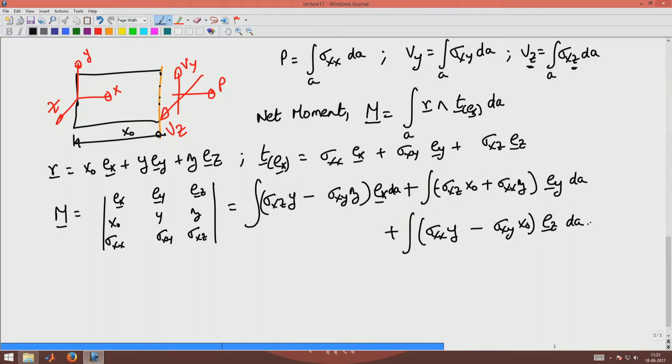Okay. Now, this I will rewrite as the torsional moment T times Ex. This is a moment acting along the axis of the member, that is along the Ex direction, plus my moment minus Vz into x naught.